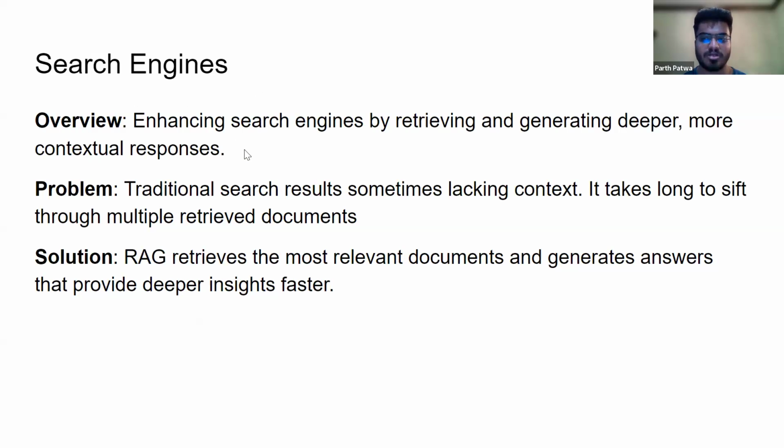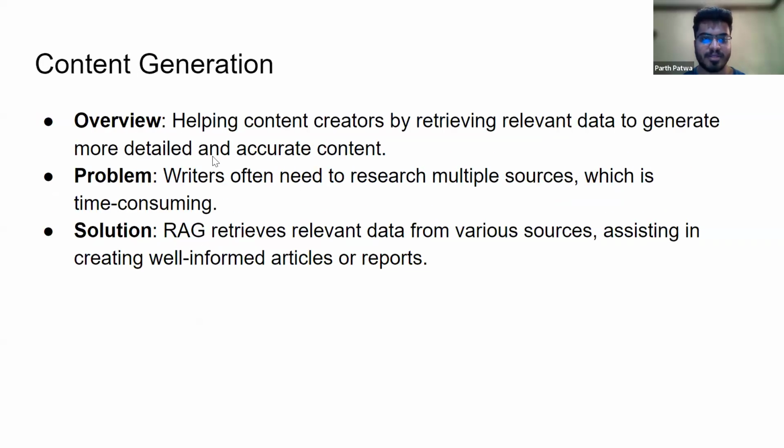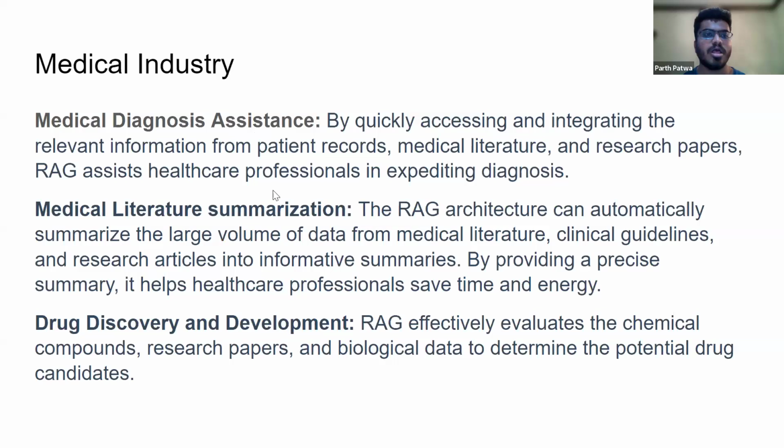Search engine: Google has come up with an experimental feature where the answer is displayed on top. So instead of going through all the links, we directly get the answer, which saves our time. And it can be used for content generation if you want to do some content research for a company and so on.